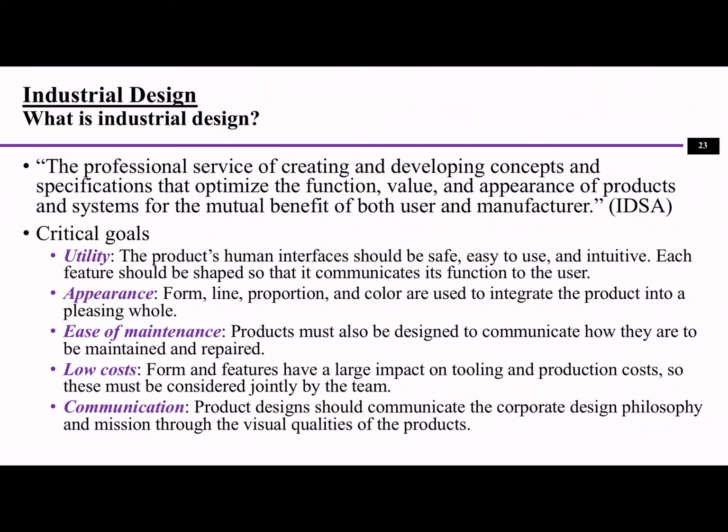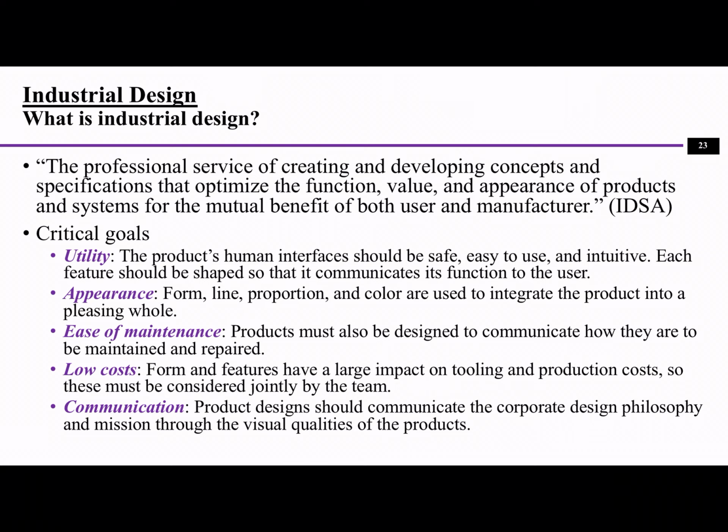Right, so this is the industrial design, and there are several critical goals for industrial design. Utility means the product's human interfaces should be safe, easy to use, and intuitive. Each feature should be shaped so that it communicates its function to the user. So basic ergonomics, right?